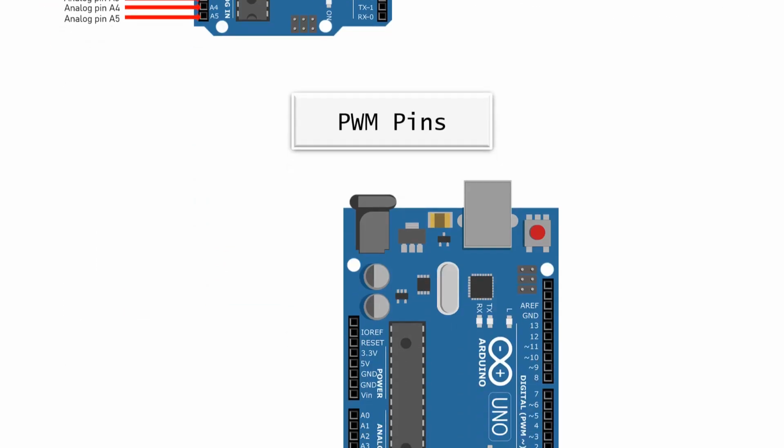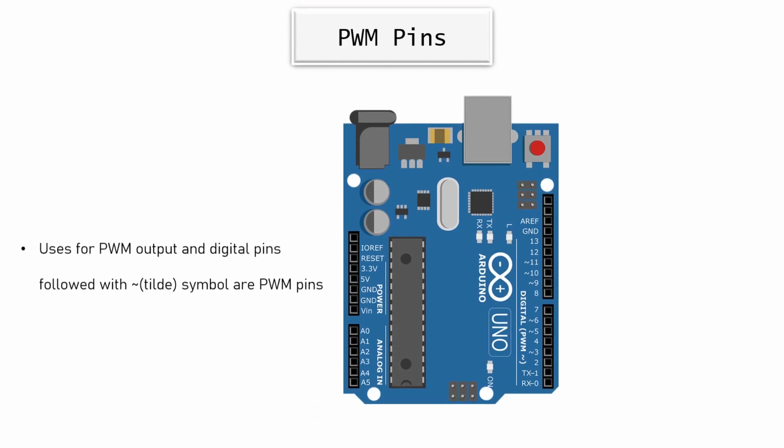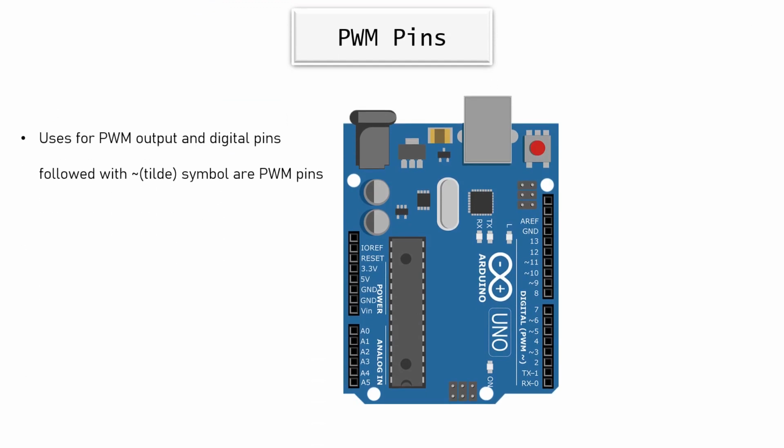PWM pins, pulse width modulation, are used for PWM output signals. The digital pins followed by tilde symbols are PWM pins. The PWM duty cycle varies from 0 to 100%.